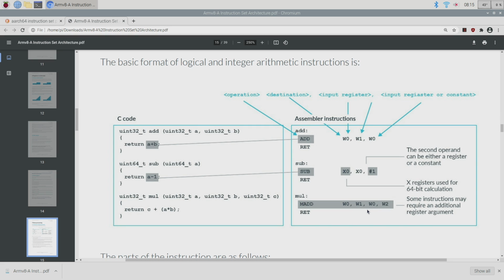It goes in W0 because it's the first input. Where does B go? W1. Where does C go? W2, okay? Or the equivalent X versions of these, because 32, 64 bits, whatever. So the syntax here is you're multiplying the first two, W1 and W0, so that's A and B, and then adding the last thing that's listed. That's the order that you put them in terms of the assembly.